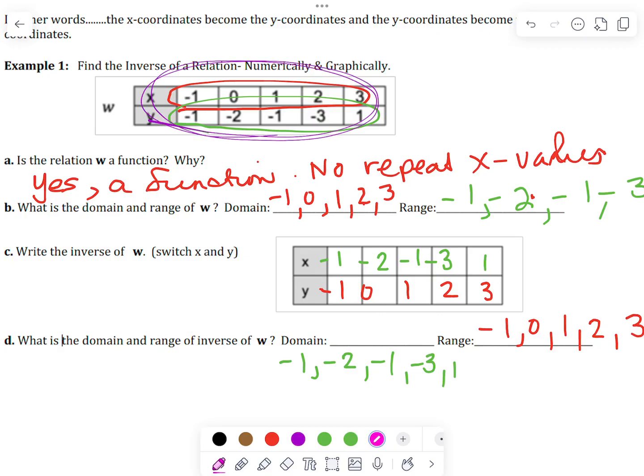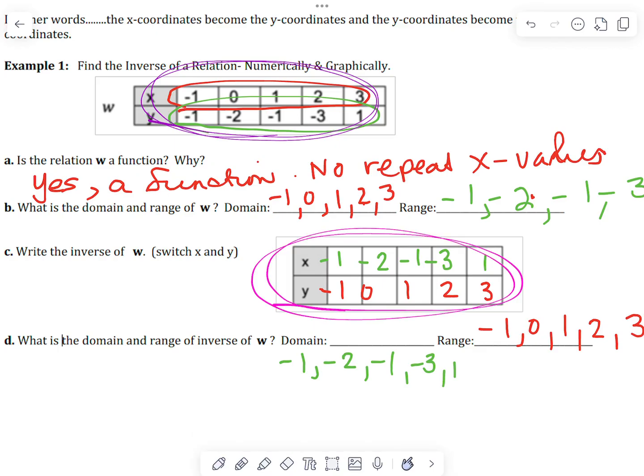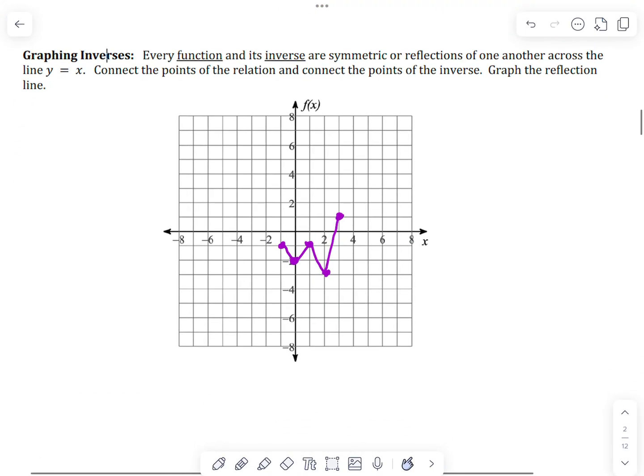Now next, in the pink, I'm going to graph these ordered pairs, the inverse of the purple. So left 1, down 1. Then left 2, up 0. I'm going to connect those points again.